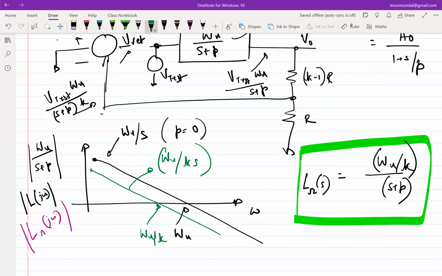Good. So now let's do this real integrator. At DC, it will be flat, and you'll have a gain of omega u by k times p. You just put s equal to 0 and you'll get flat. So this will be the DC gain, or let me just say L of 0.